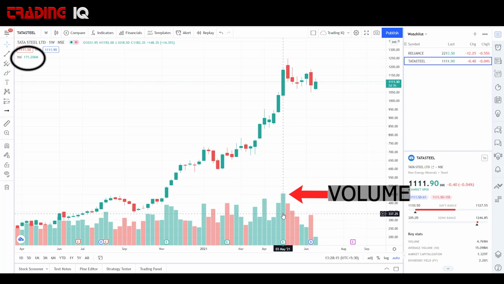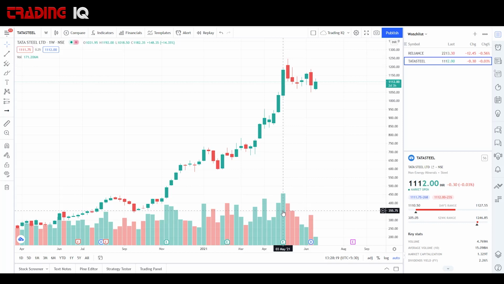On this week, the price of Tata Steel opened at 1,031 rupees. It created a high of 1,192 rupees. It made a low of 1,018 rupees and closed at 1,182 rupees.